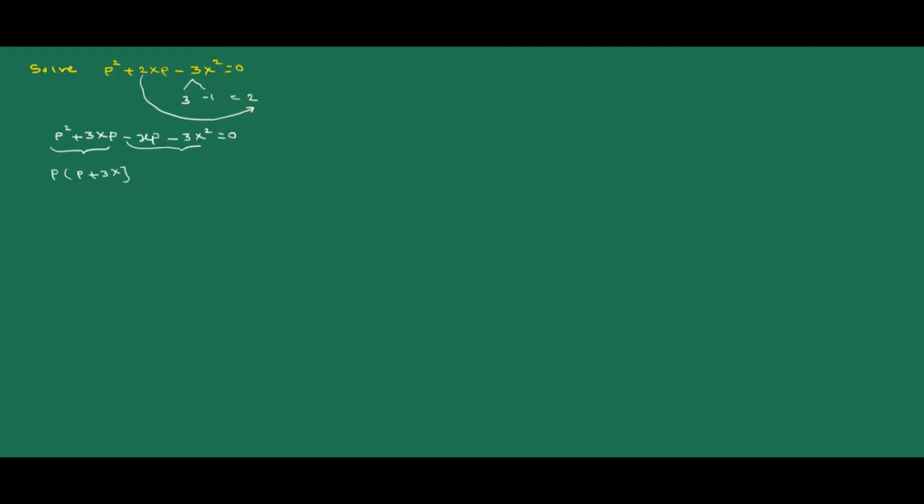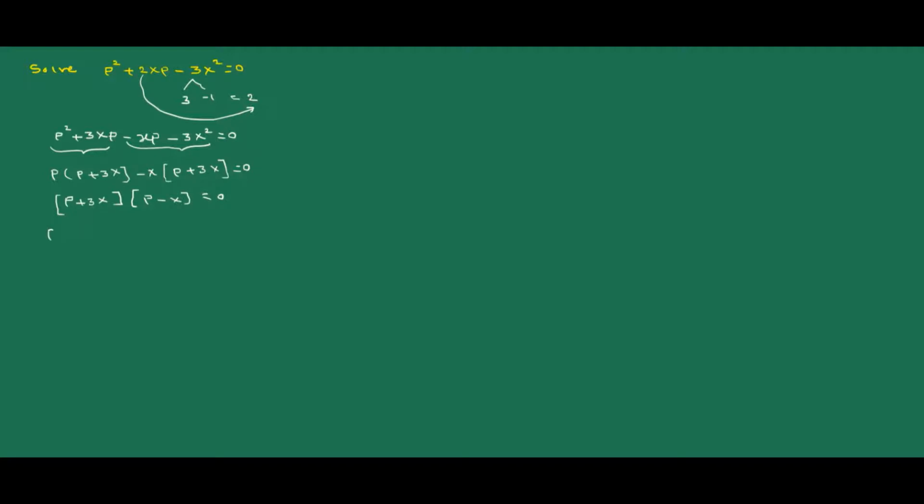And from the last two terms, if you take minus x common, we are left with p plus 3x is equal to 0, or p plus 3x into p minus x is equal to 0.